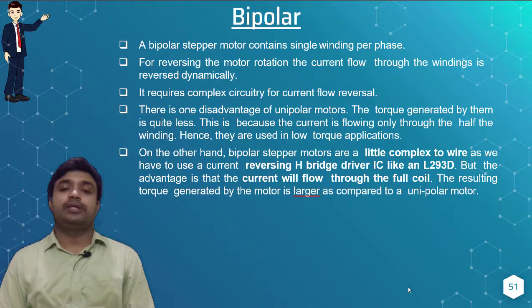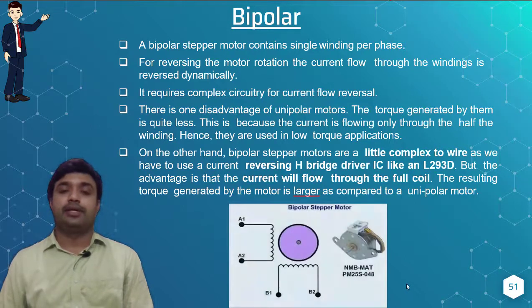It is considered to be an H-bridge driver IC for reversing purposes. But the advantage is that the current will flow through the full coil. So in a bipolar stepper motor operation, current is flowing through the full coil. The resulting torque generated by the motor is larger as compared to a unipolar motor. Okay, and this is the representation of a bipolar circuit.